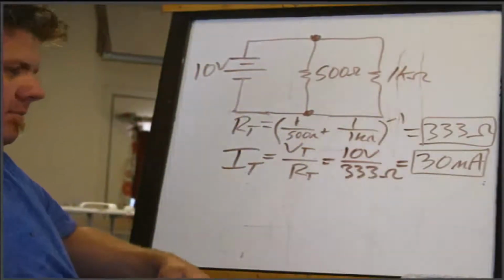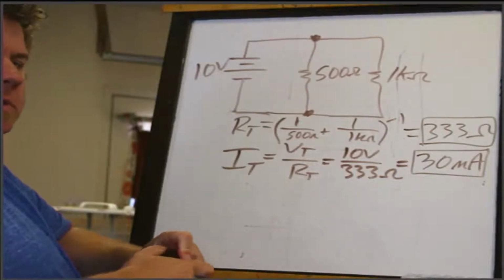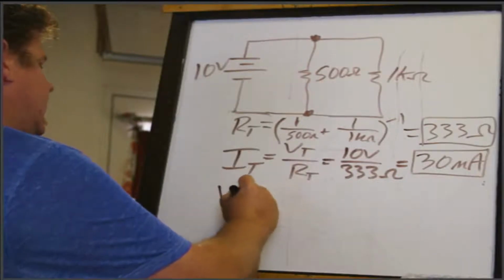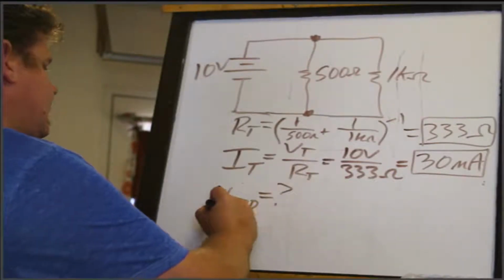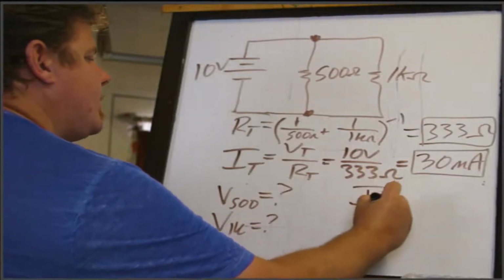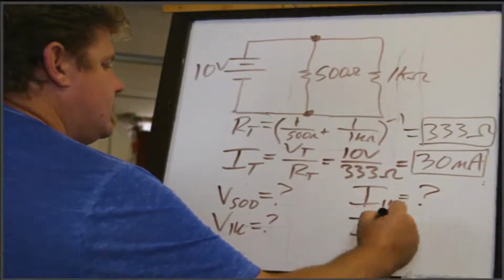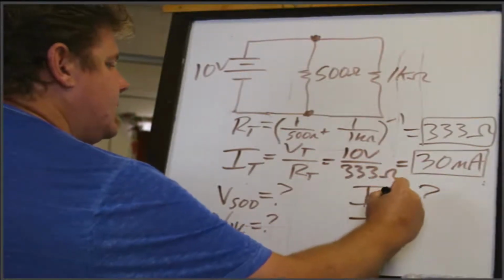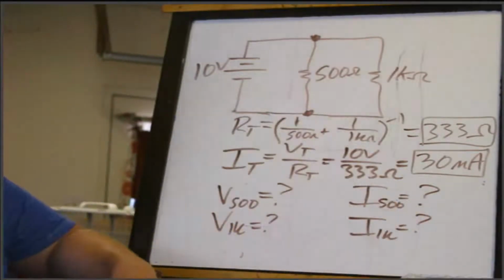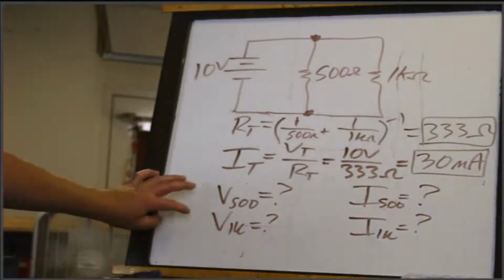One of the things that I would ask you, probably right after asking you a series question, is what's the voltage on the 500? What's the voltage on the 1K? What's the current through the 1K? And what's the current through the 500 and then the 1K. So, can anybody tell me what these first two are?